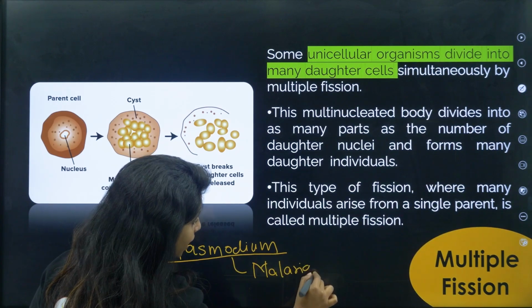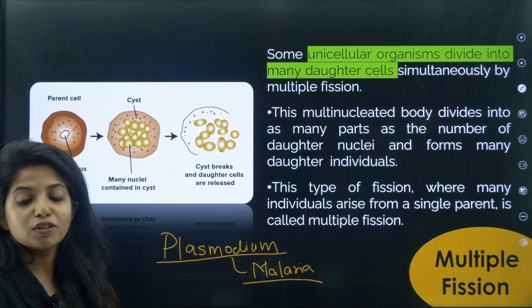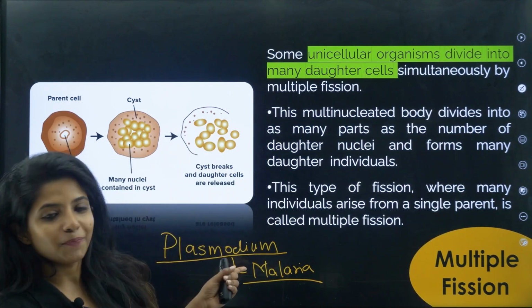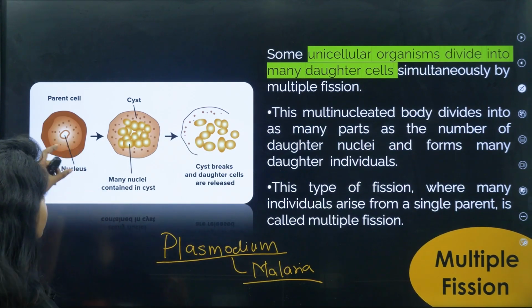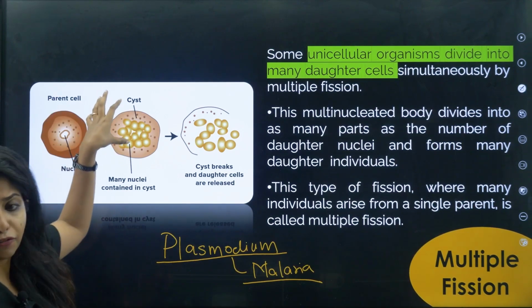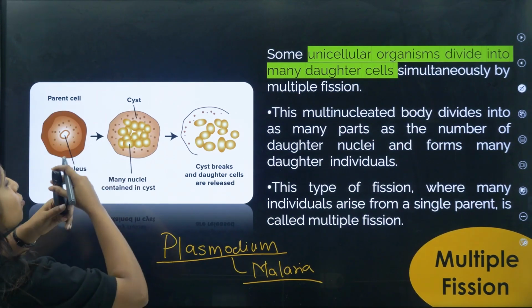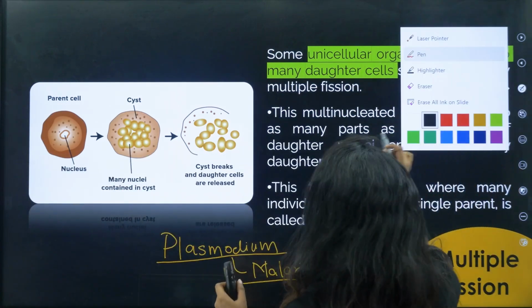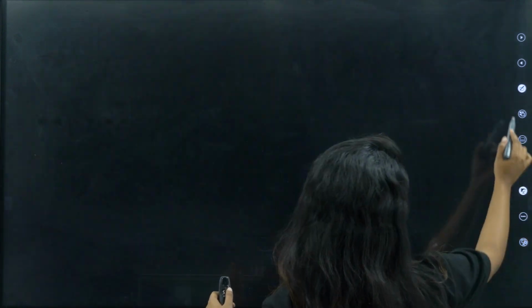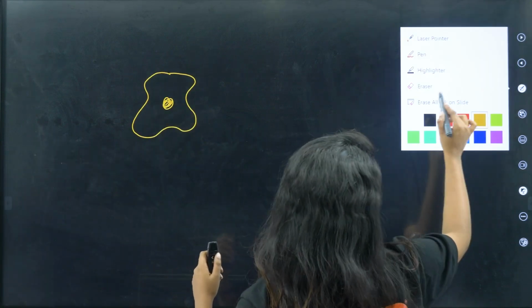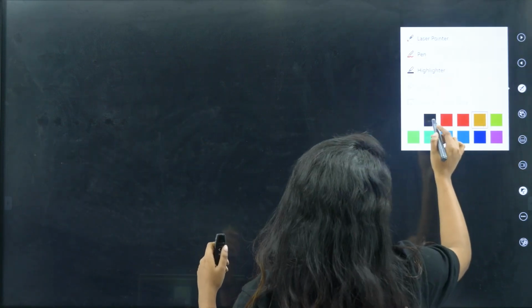So a mosquito is going to carry this Plasmodium, which is why we say that that particular mosquito is causing what? Malaria. Okay, so basically what happens over here, they form a cyst, and inside they have their nucleus and everything. After that they form a cyst and the nucleus continues to divide. What happens to the nucleus, children? For example, I am going to make a separate slide for it so that you understand things better. So just imagine that this is the organism with the nucleus. Oh, sorry, I made an amoeba instead. Wait.